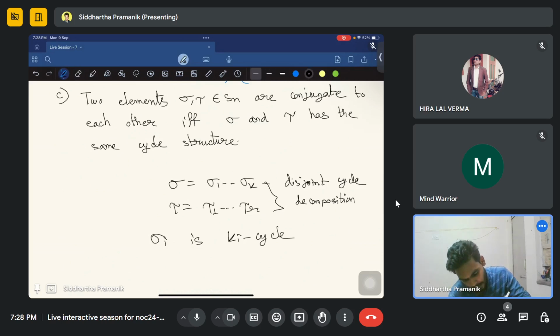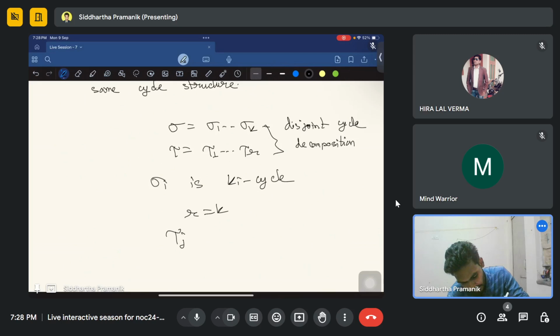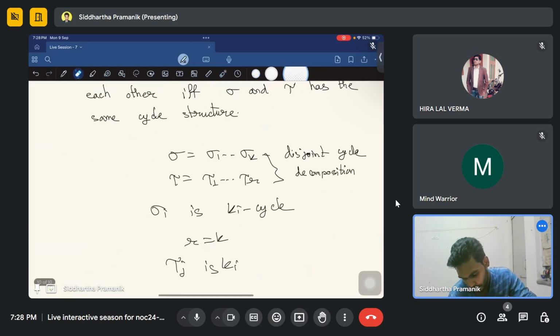Then r has to be equal to k, and some tau j is a ki cycle. So if here you have some product of cycles, the same kind of product of cycles is also here if they are conjugate. That is the thing I want to mention here.